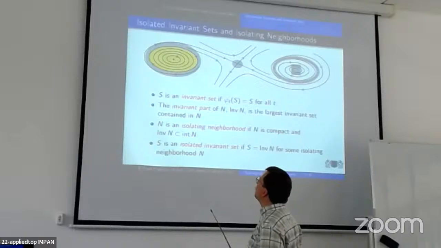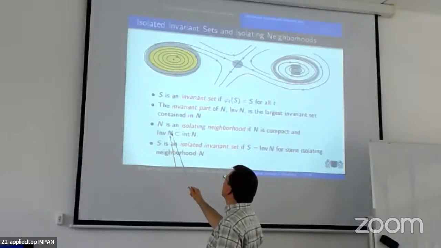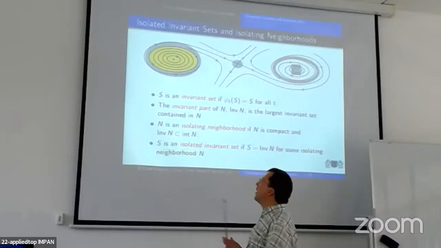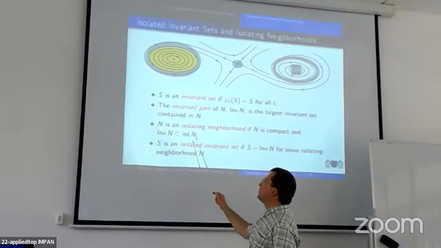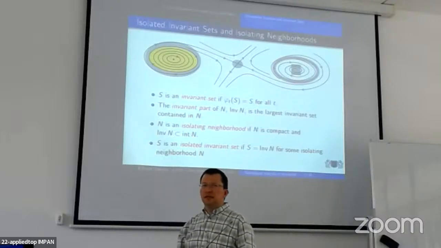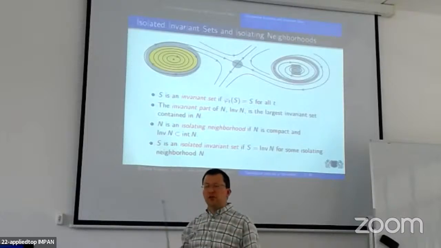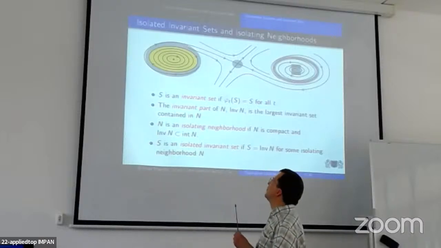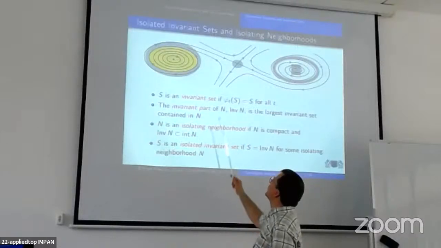We say that this gray set is an isolating neighborhood if it is compact and its invariant part is contained in its interior. Normally in topology, neighborhoods are open sets, but the general definition of a neighborhood here is any set that contains this invariant part in its interior.